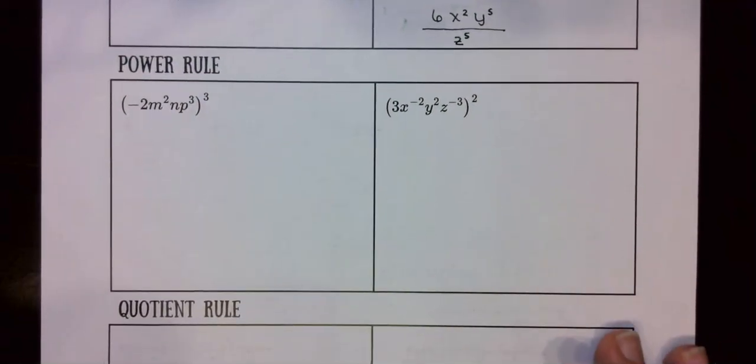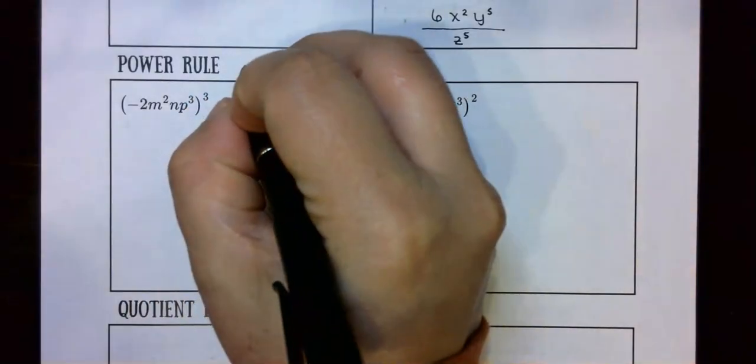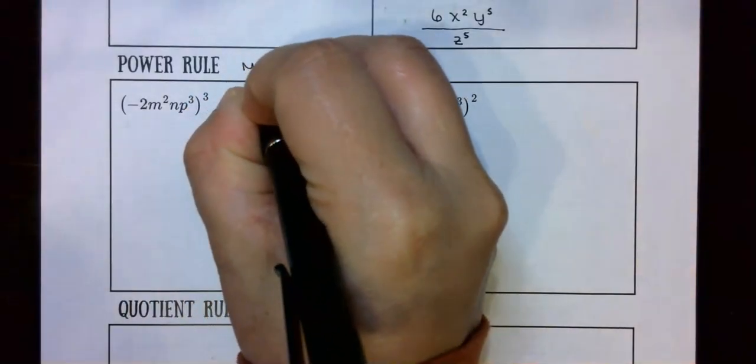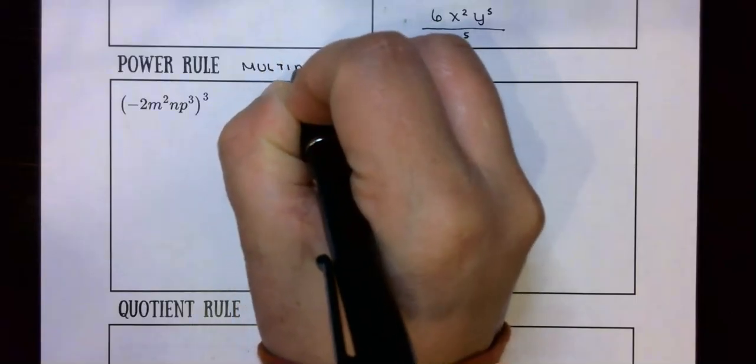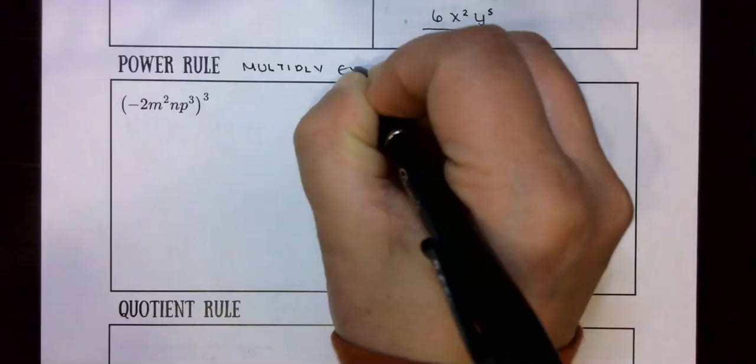You do have a set of parentheses, but you do have an exponent on the outside. So that's what's going to let you know that we are actually multiplying exponents. So for the product rule, you multiply coefficients. For the power rule, you multiply exponents.